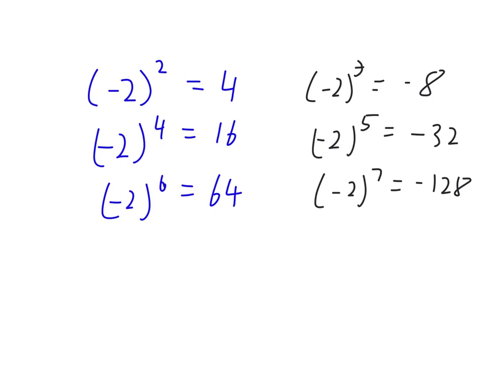And also, if you're working with your calculator, you need to be careful. If you type this into your calculator, what that's going to do is it's going to square the 3 to make it 9, but the calculator doesn't realize that you want to square negative 3. So it thinks it's negative times 3 squared. So if you want negative 3 all squared on your calculator, you have to type in the brackets.